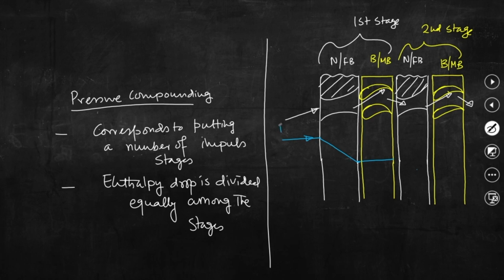So, this is P naught, this is P1, this is P2, and again when it is passing through the second row of nozzle or fixed blade, pressure drop will be there, and then finally it will remain constant and come out from the second stage. So, this is P3 and this is P4.